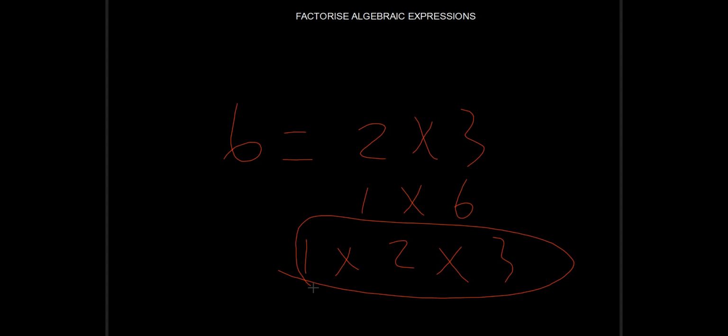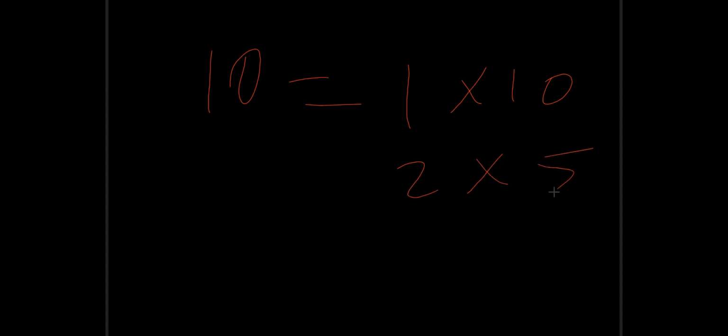And so let's say I have 10. If I want to factor 10, I would say 1 times 10, because 1 can go into 10, 10 times. 2 times 5, because 5 can go into 10, 2 times, and 2 can go into 10, 5 times.